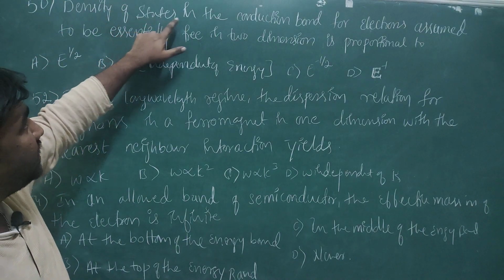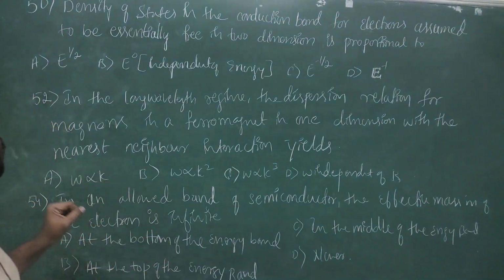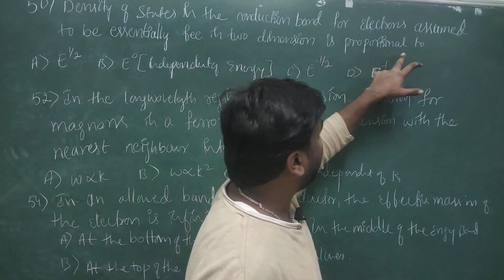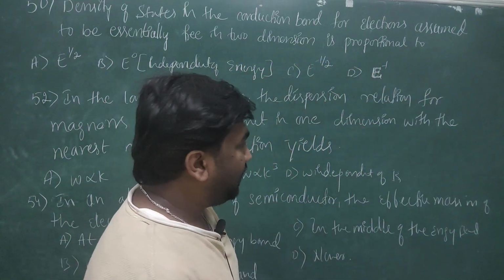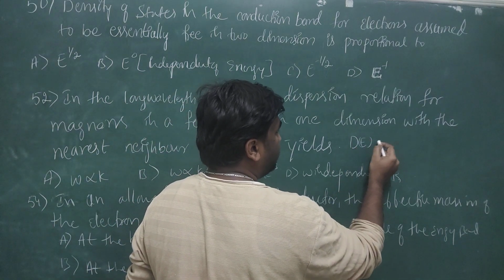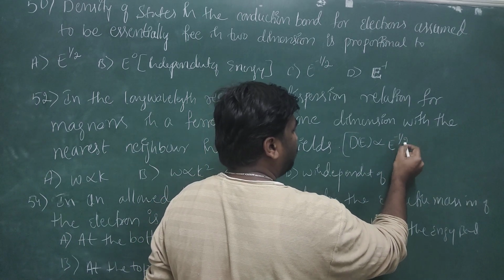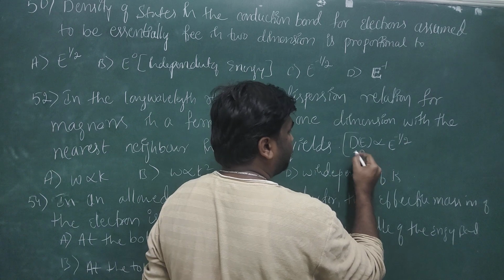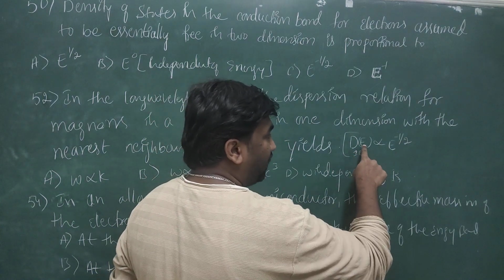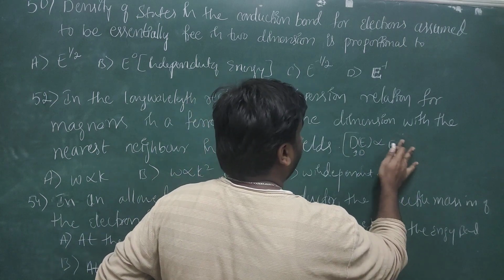Density of states in the conduction band for electron assumed to be essentially free in two dimension is proportional to. See, if suppose this is density of states, and this density of states is proportional to E power minus 1 by 2 for 1D box, for one dimension, and density of states is directly proportional to E power 0.